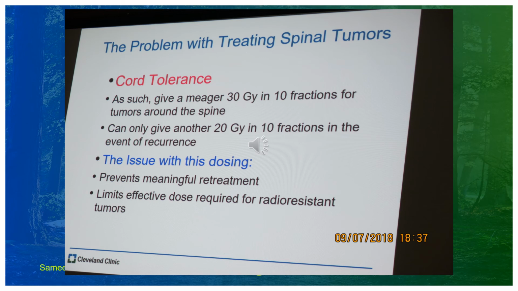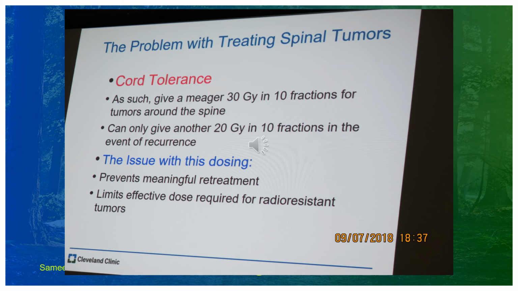That's why the cord cannot tolerate much radiation. 30 gray in 10 fractions, or 20 gray in 10 fractions in the event of recurrence. And the issue with this dosing is it prevents meaningful retreatment because of cord intolerance to radiation.